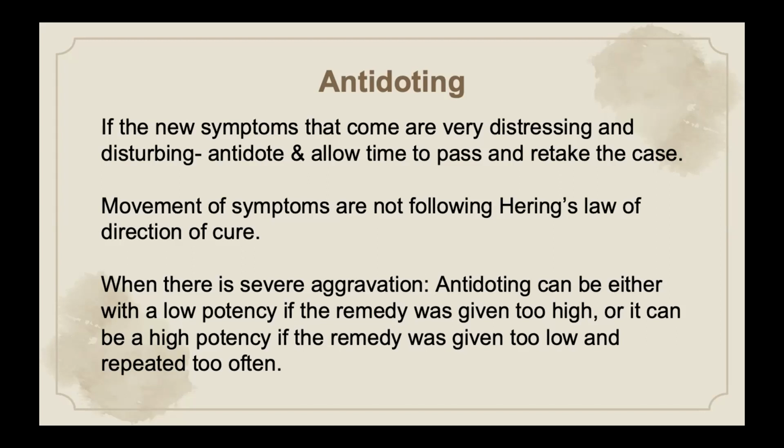Yeah, and it works very, very quickly, right? Yeah, because it also works on the same law of similars. It doesn't add on the intensity of the symptom, but it will just take away those symptoms which have been aggravated.